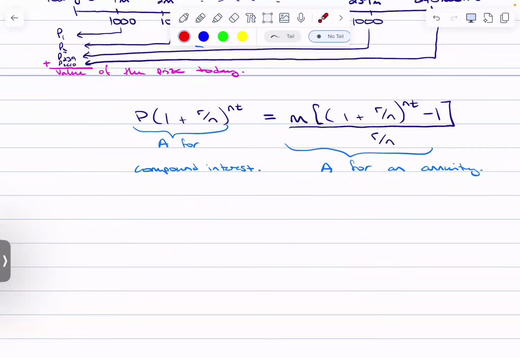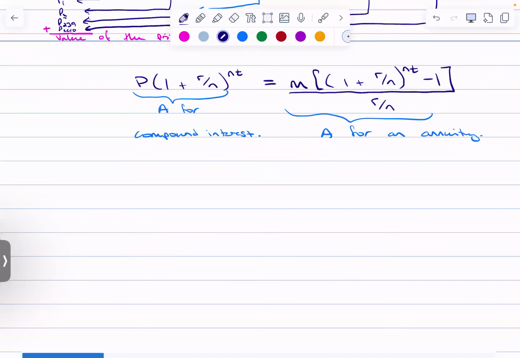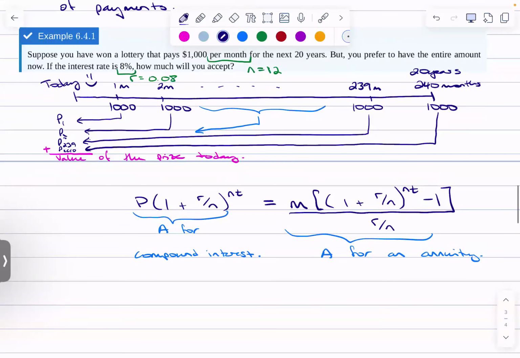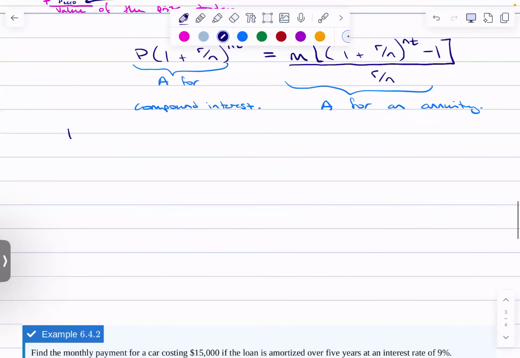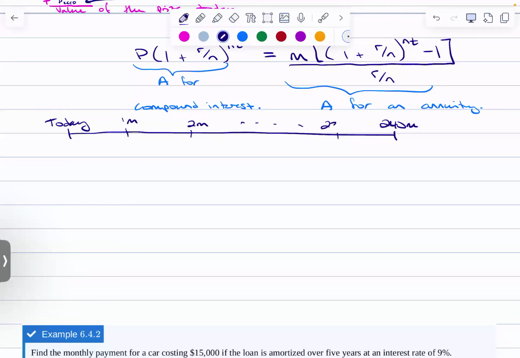No, I'll write around it a little bit more. Okay. So if we have today and 240 months, and we're making payments 1 month, 2 months, and so on, up to 239.